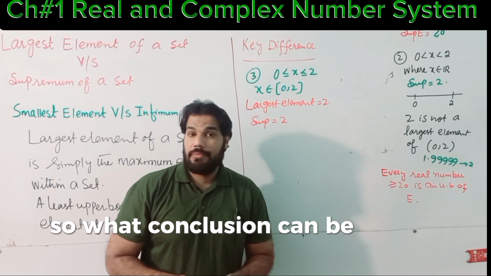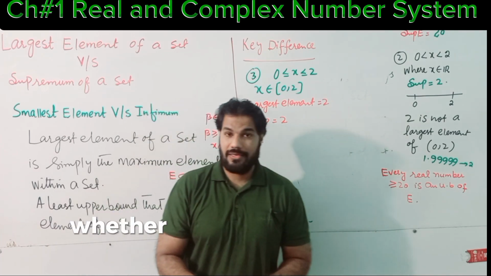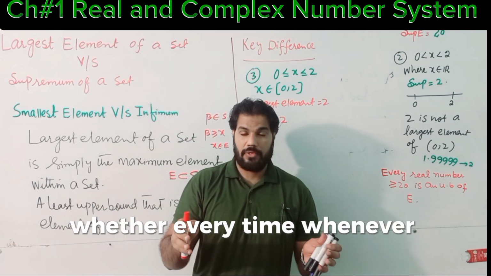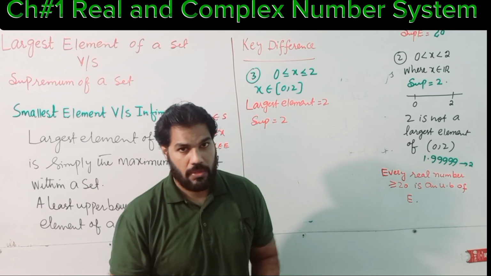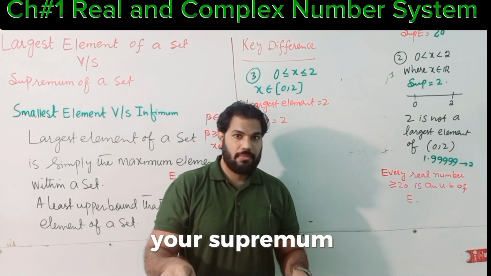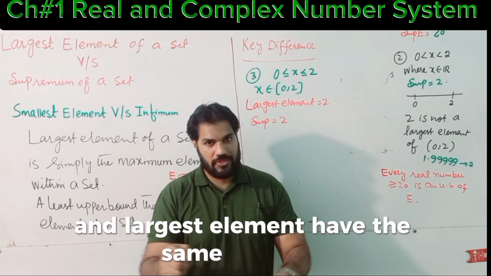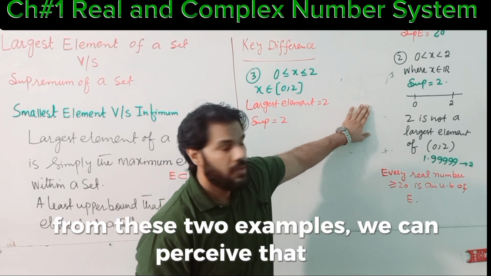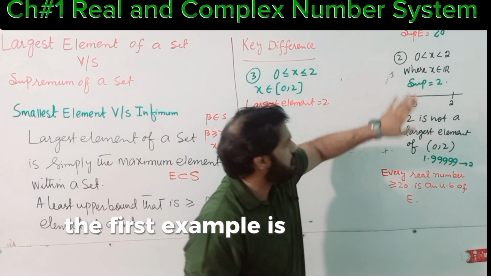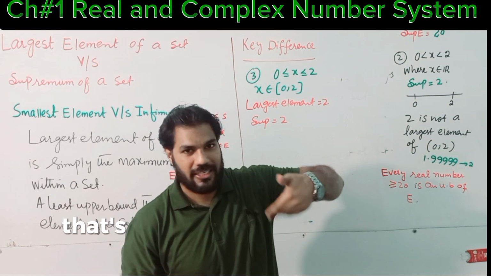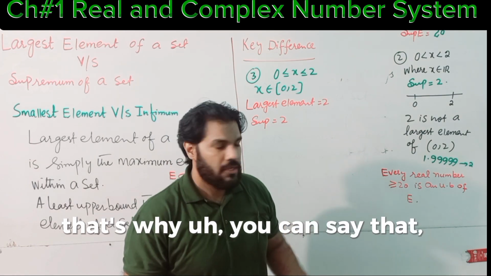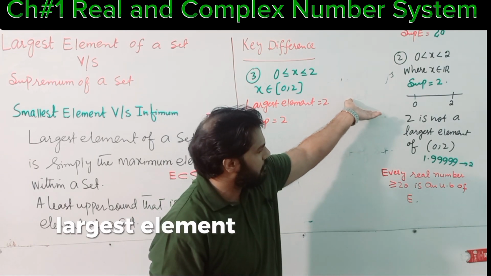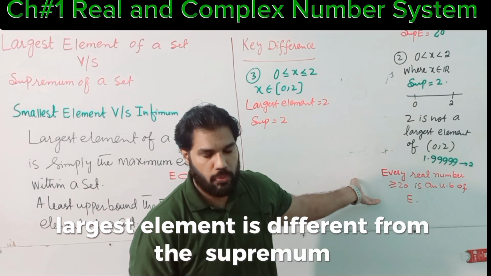So what conclusion can be drawn from here? Whenever your interval is closed, do your supremum and largest element have the same meaning? From these two examples, we can perceive that. The first example is an example of an open interval, that's why you can say that the largest element is different from the supremum.